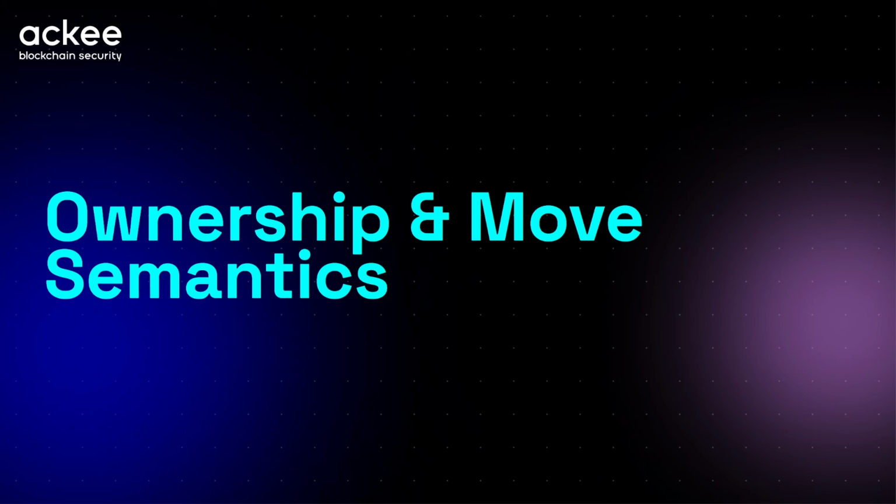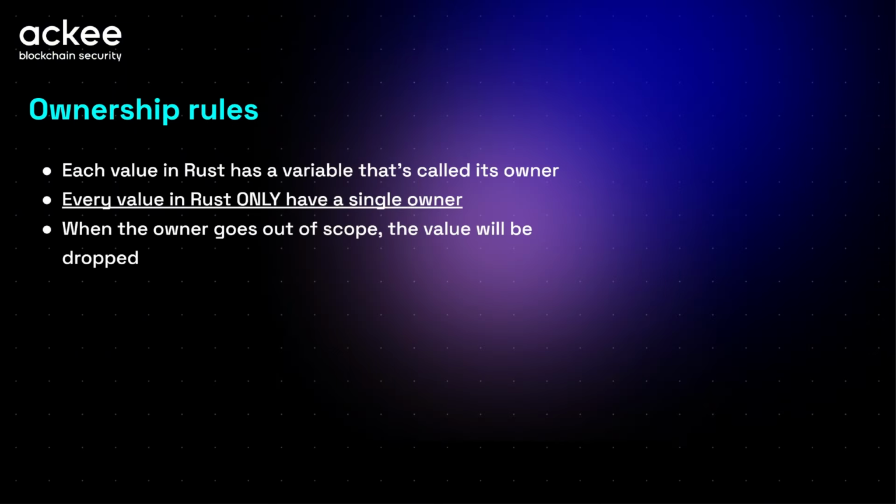Now we can continue to ownership and move semantics. There are a few ownership rules. It starts with: each value in Rust has a variable that's called its owner. So in the start, I was talking about the simple declaration of variables.